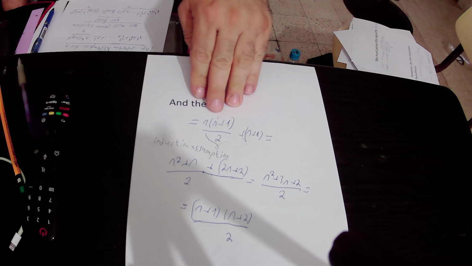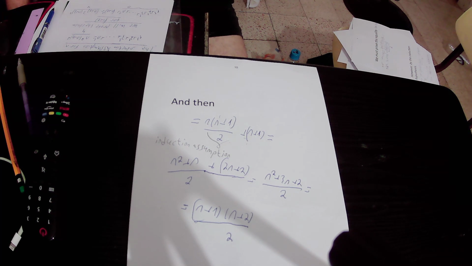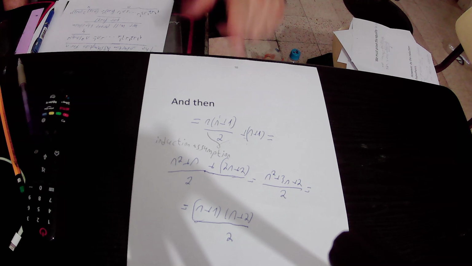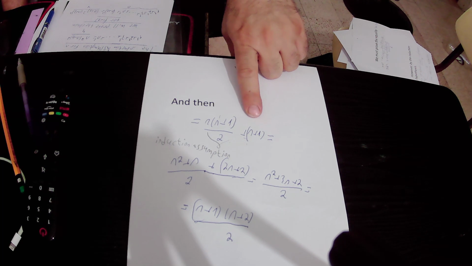So the true statement is that 1 plus 2 plus 3 plus up to n equals n times n plus 1 all divided by 2. Okay? And then we have n plus 1.